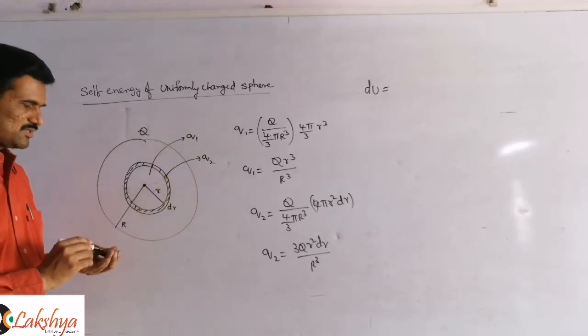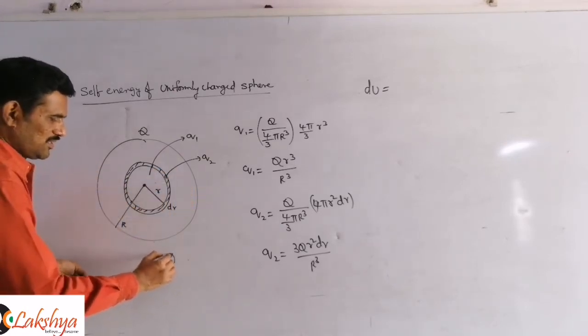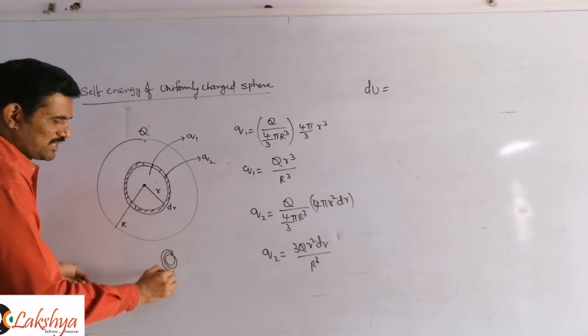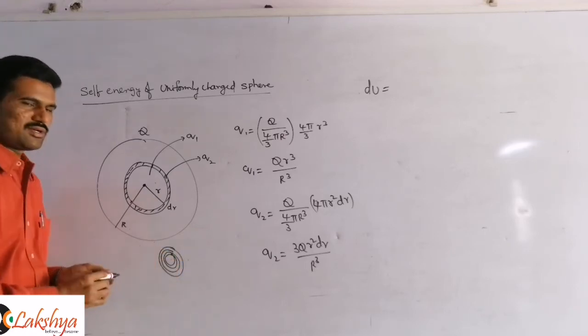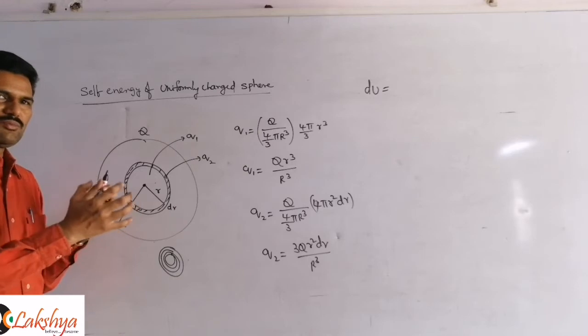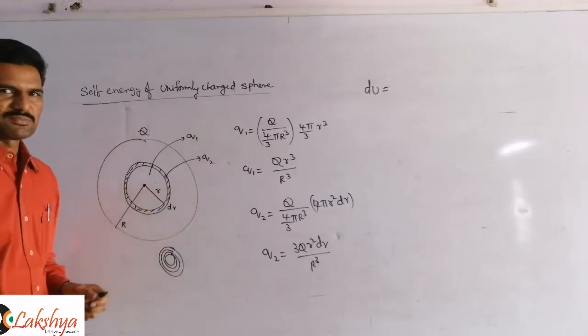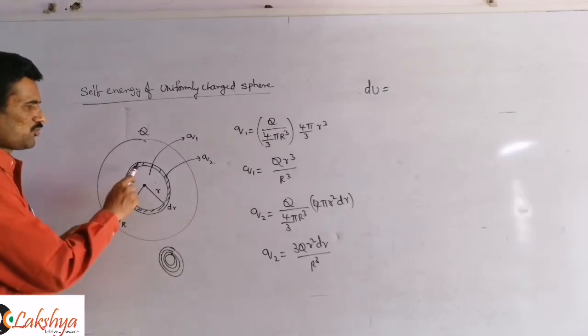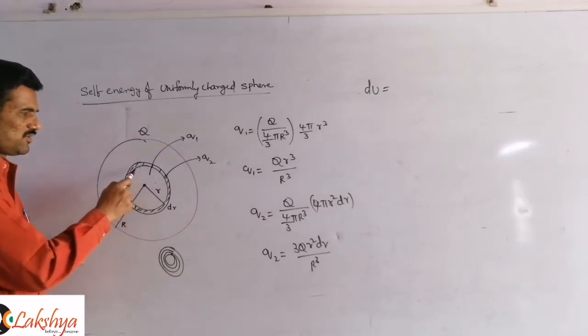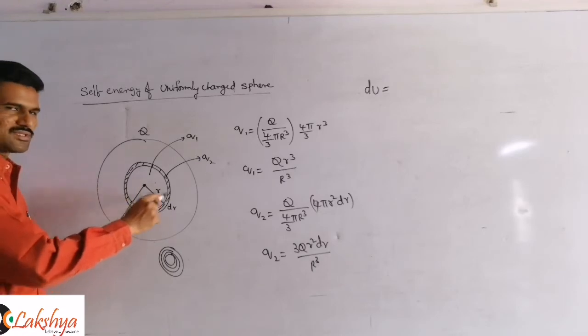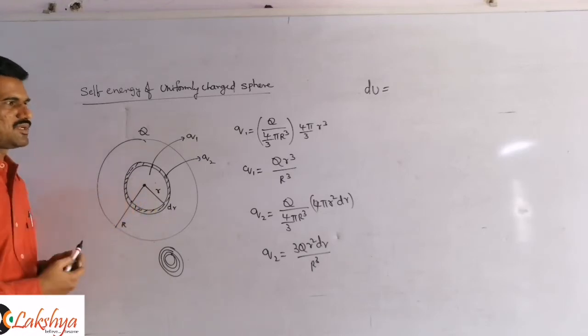Initially suppose this part is there, we add another element like this, and another, and another. Such spherical shells we are adding so that you get this complete sphere, right? That means this shell is present in the field or potential produced by this already existing solid sphere.